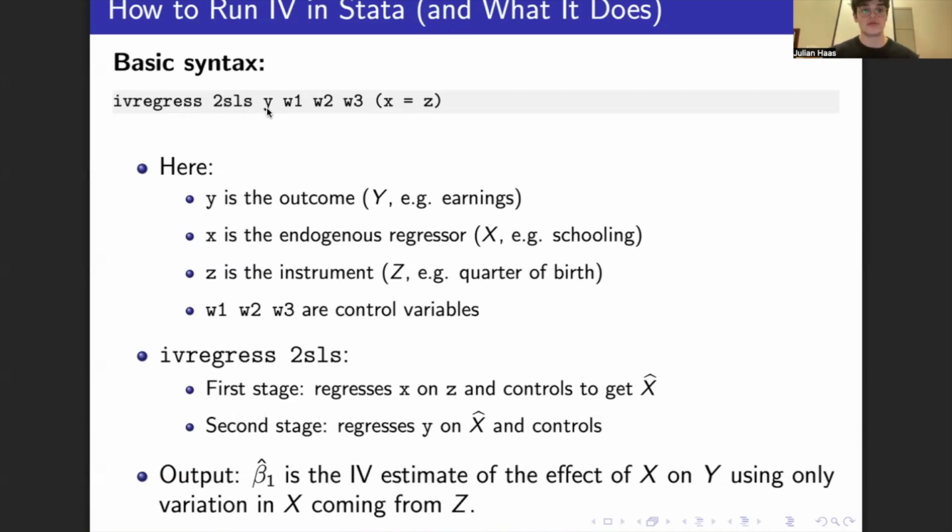Dependent variable, then independent variables in parentheses that are endogenous, equal to our instrument. And that's it. If you want, forget about the control variables for now. If we didn't have these W1 through W3s, it would be IV regress, two-stage least squares, Y, and then parentheses X is equal to Z. It's so straightforward.